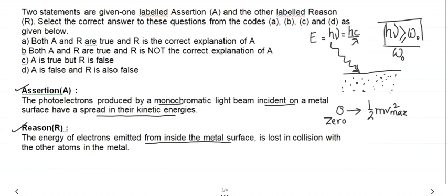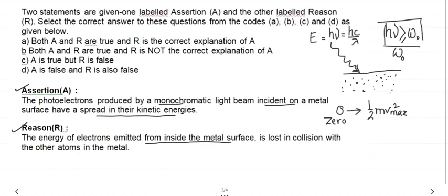That is, the photoelectrons produced by a monochromatic light beam incident on a metal surface have a spread in kinetic energies. They have values not from 0 to infinity but from 0 up to the maximum value of the kinetic energy. The energy of the electrons emitted from inside the metal surface is lost in collisions with the other atoms in the metal.